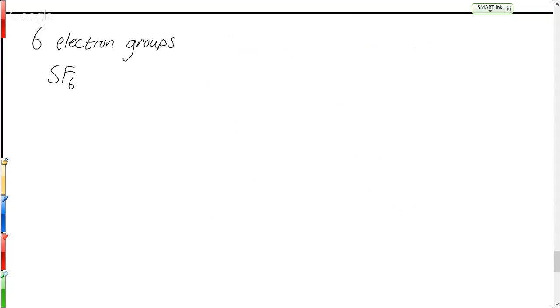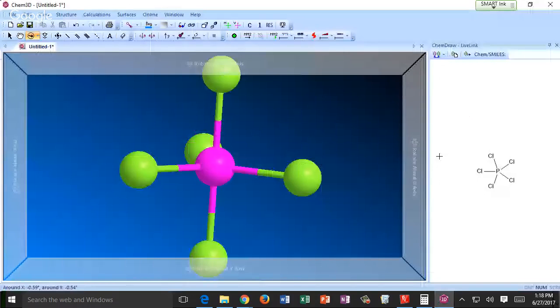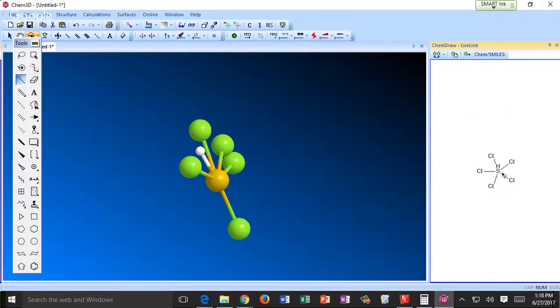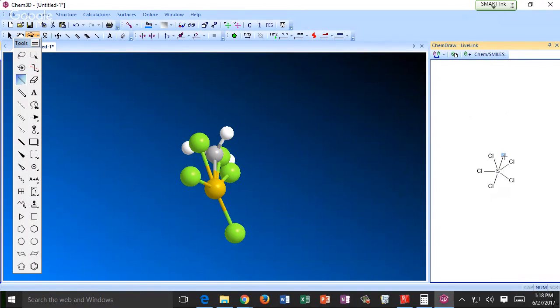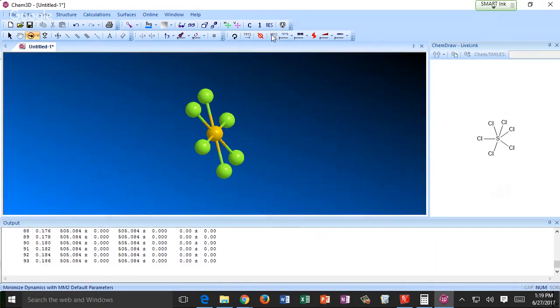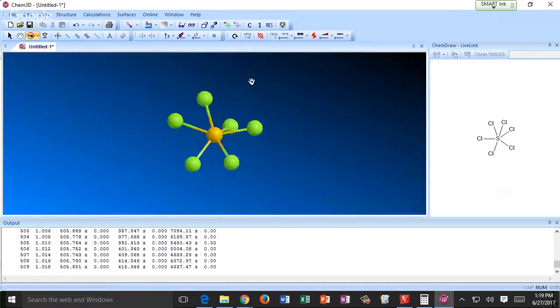We want them all spread out again. Let's see if we can.